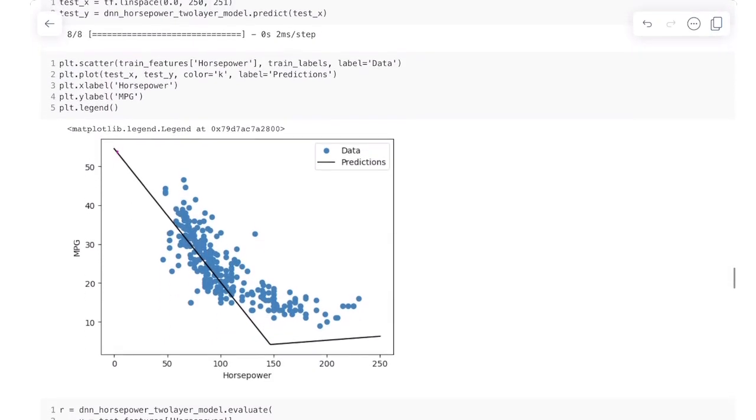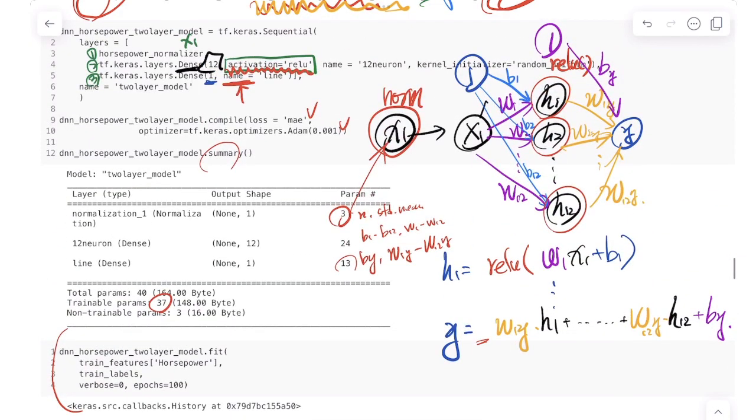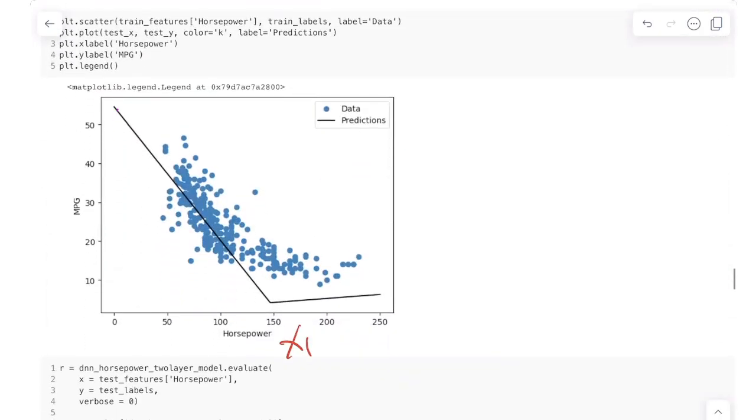And we can see that the result will be like this. Since there is an activation function right here, the relationship between x1 and y is not purely linear.